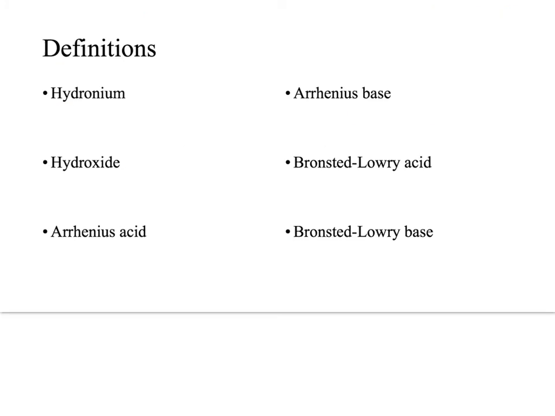The first thing that we need to do is define some terms that I have already been using. Hydronium is a hydrogen ion, specifically H+. Sometimes it's called a proton. If you think about it, because hydrogen has one electron and one proton, if the electron has been removed, all that remains is the proton.